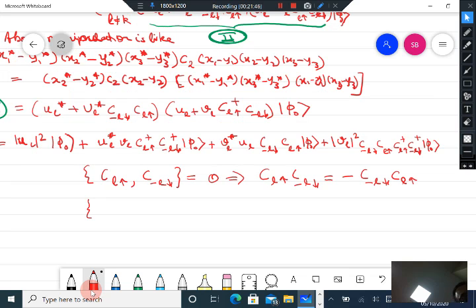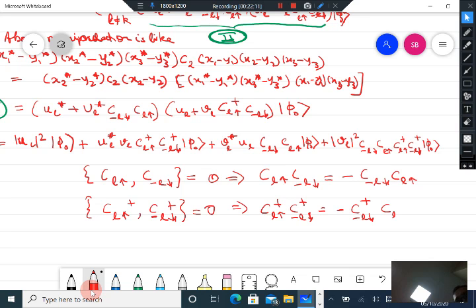Similarly, your other anti-commutation rule is {c_l↑†, c_{-l}↓†} = 0, so c_l† c_{-l}† is equal to −c_{-l}↓† c_{+l}↑†, okay.